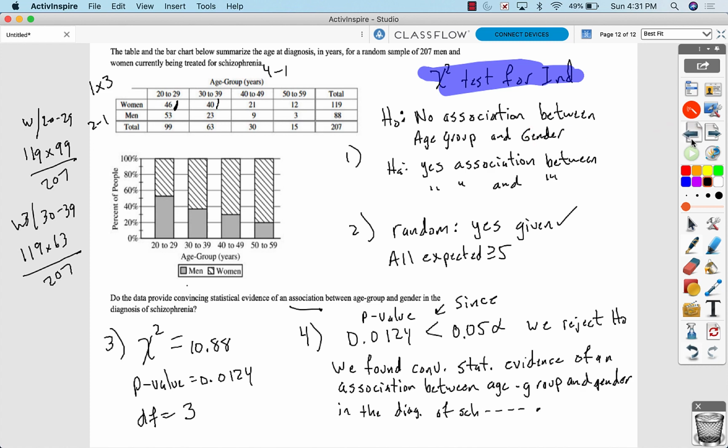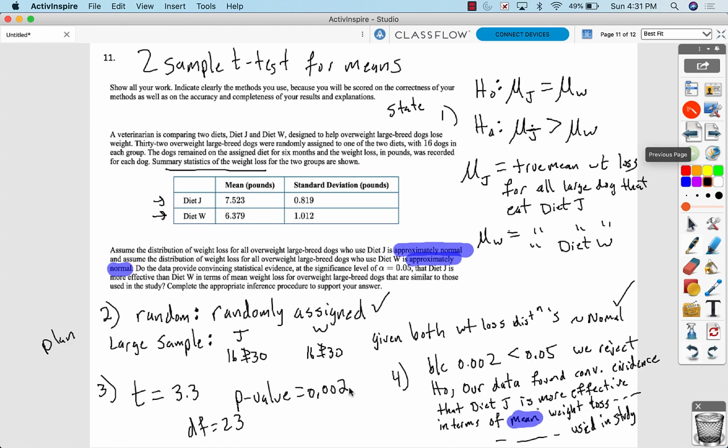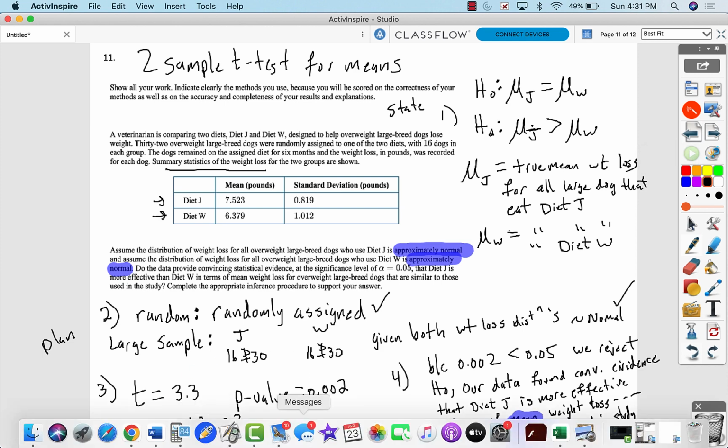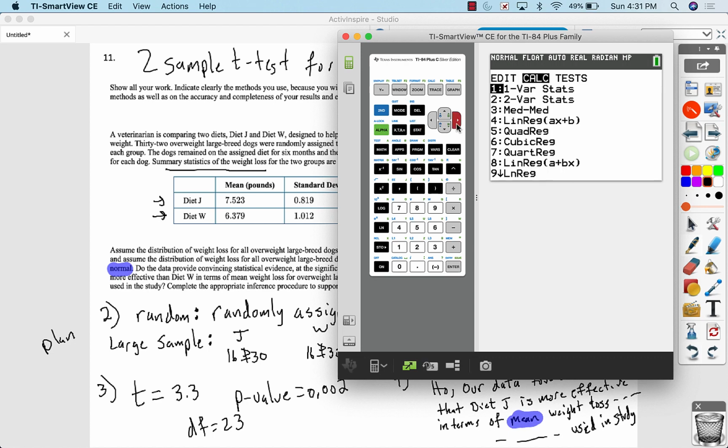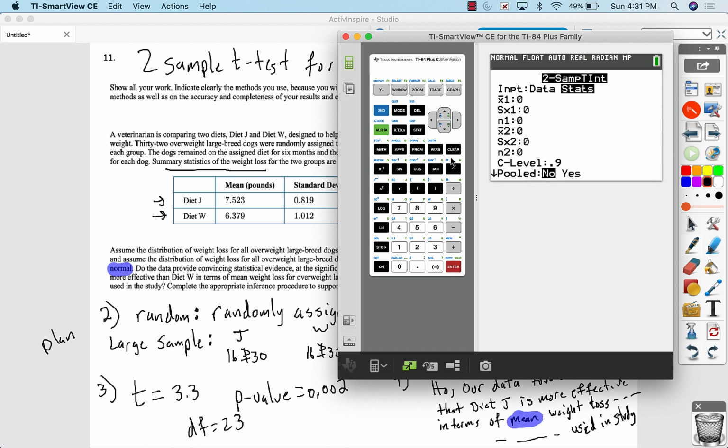If you made it this long, for some reason I'm thinking that this p-value is wrong. So I'm just going to look at my data, my 2 sample t-test, because I just remember looking at it and, 2 sample t-interval. Just going to do it really fast.